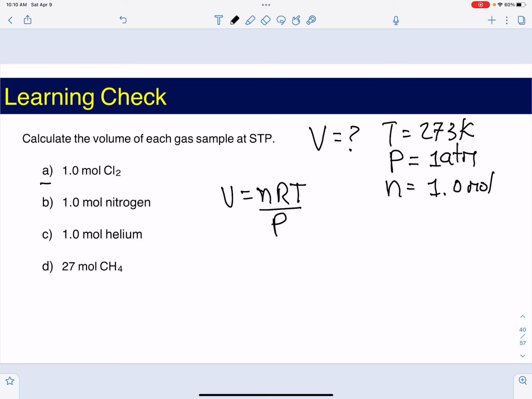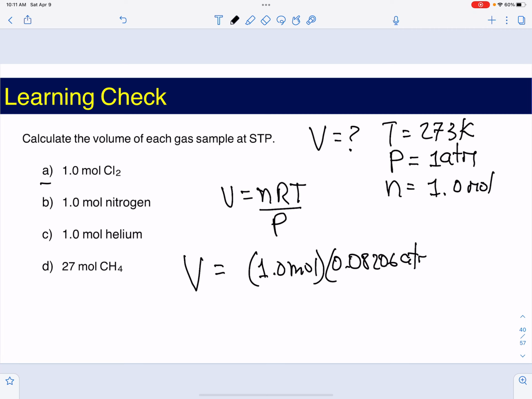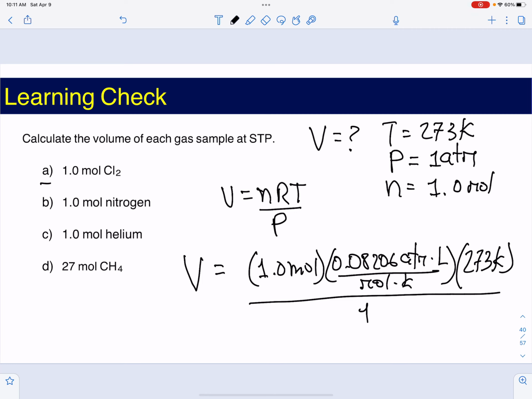So let's do that. Volume equals the moles, which is 1.0 mole. The R is 0.08206 atmospheres liters per mole Kelvin. The temperature in this case is 273 Kelvin, and the pressure is 1 atmosphere.